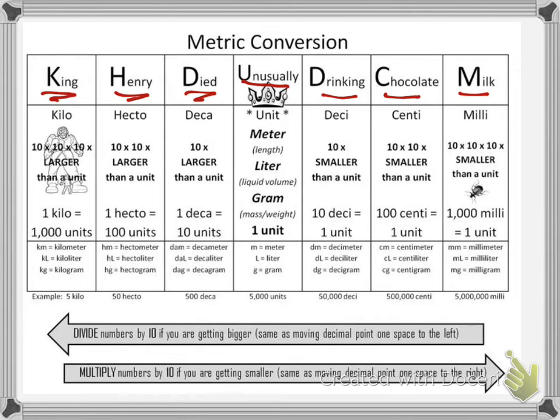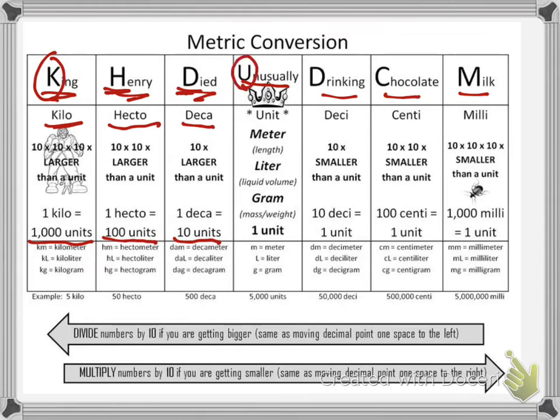When I was younger, I would make this chart out and I would just memorize it because I need to remember that the K stands for kilo, and we know that is 1,000 units. The H, which we're not really going to focus on, is hecto, and that's 100 units. The D over here stands for deca, and that's 10 units.